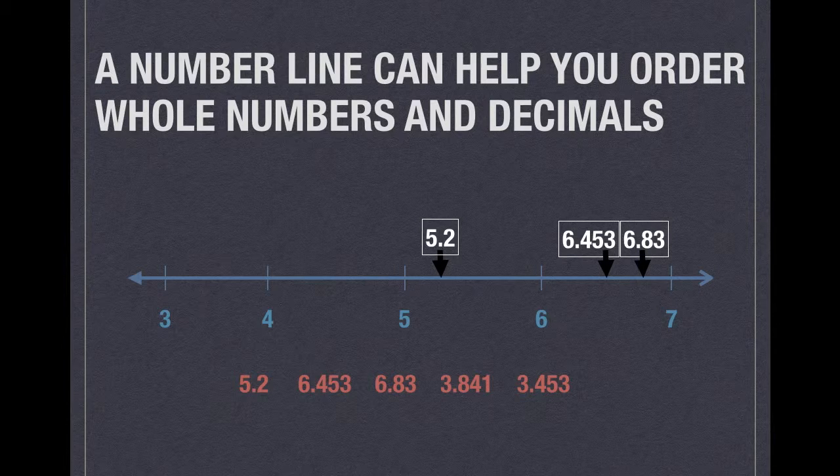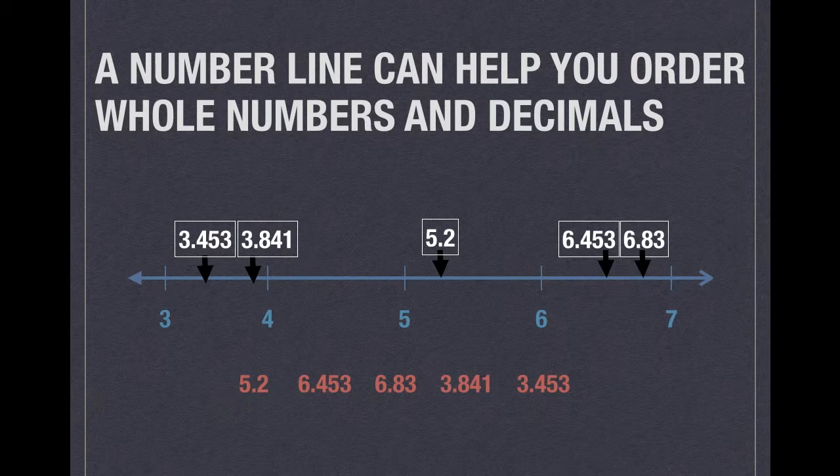So far, we have 3 numbers placed on our number line. We have 2 numbers to go. 3 and 841 thousandths gets placed just before the 4 on the number line. It's closest to 4, not to 3. And the last number we have to place on the number line is 3 and 453 thousandths.